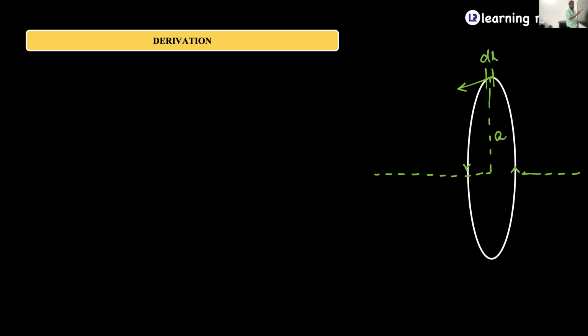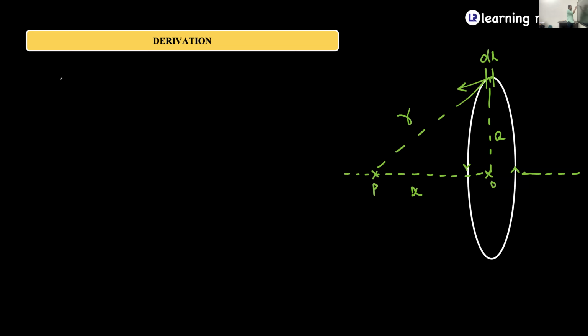On the axis. So I'll take a point P here on the axis. I need to find it. So the only way to find it is using the Biot-Savart law. So for us to use the Biot-Savart law, we need to consider a dl, and from dl you take this distance to be r, and from the center to this point P, let's say that the distance is x.